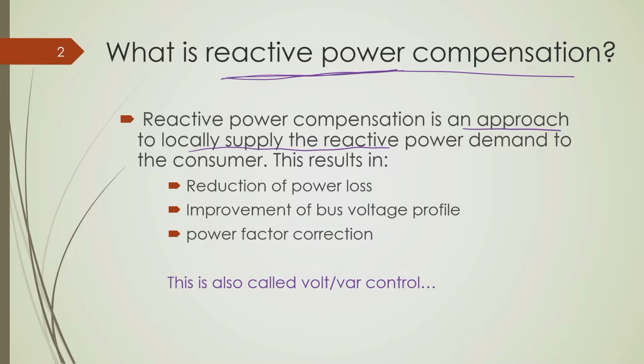Active power demand is the real power which the load consumes in order to convert it to some useful work, and reactive power demand, although it exists, does not provide any useful work to us.